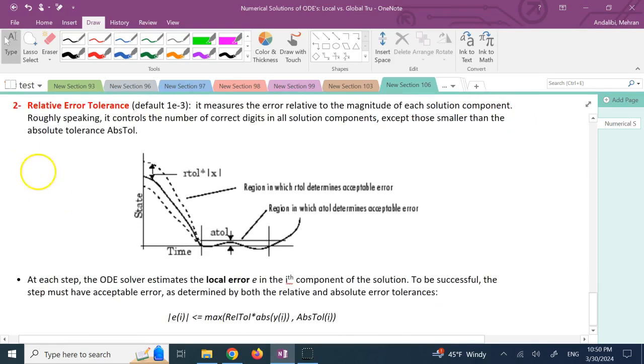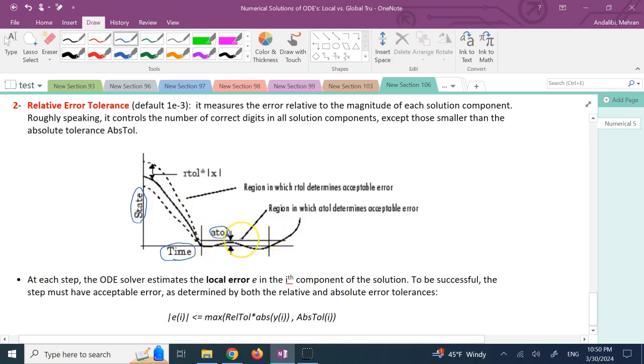So if you look at this graph, which I got from the MathWorks website, that kind of can tell you that if this is my state or this is my solution versus time, in regions where the magnitude of the solution falls less than this absolute tolerance, right? The magnitude of the response is very small.